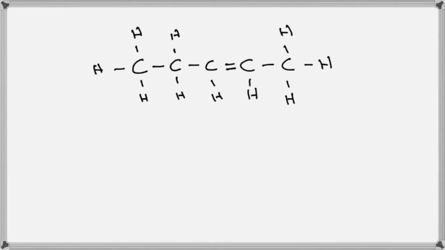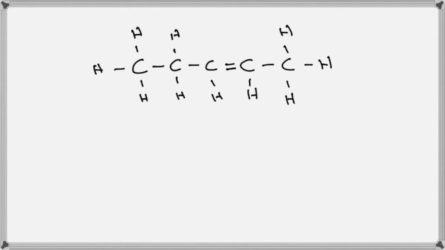But what if that exact same compound has a double bond between 2 of its carbons, as we can see right here? Well, we're gonna have to name it a little bit differently.